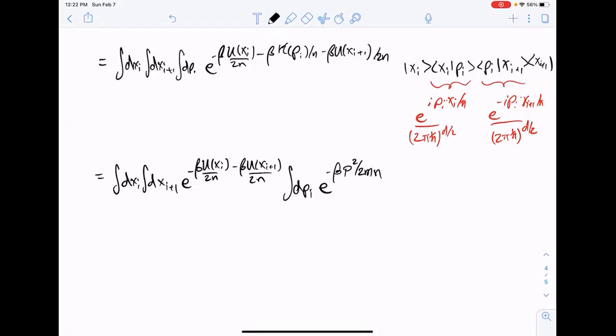I have a factor of n from that Trotter splitting. And now I have something linear in that momentum, depending on the difference of these two real space positions, up to some normalization constant. Now, if you look at that, momentum goes up in the argument of the exponential squared. That's a Gaussian distribution. And I have something linear in p, so that's an integral we know how to do.